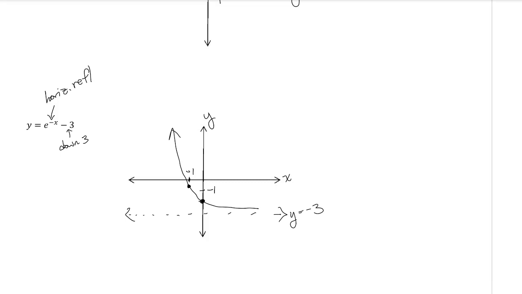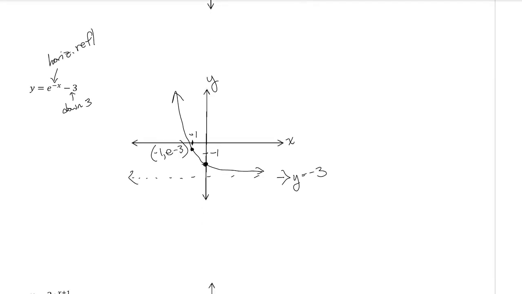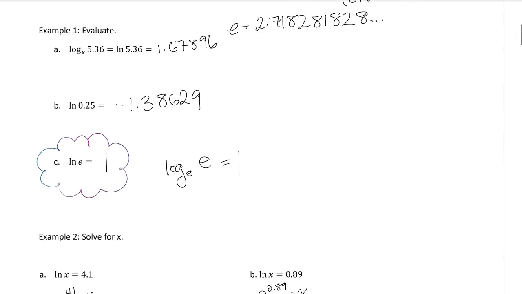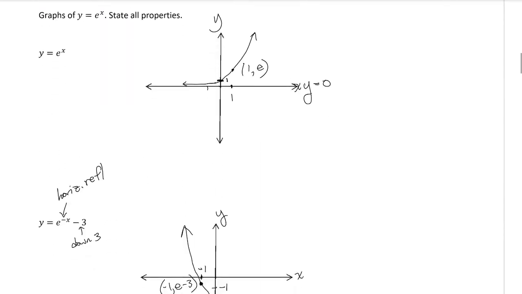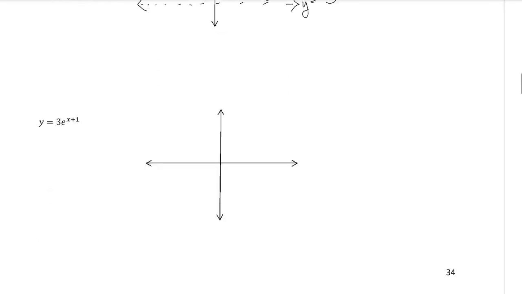So in terms of listing that point, I would list it as -1 and then e minus 3. And so that's how I would graph that. So again, shape stays the same as any other exponential function. It's just we need to work with that letter now instead. And bearing in mind that if we look back at the value, 2.7, that gives you a perspective on about-ish where to put it on your graph in terms of putting it with whole number scale.